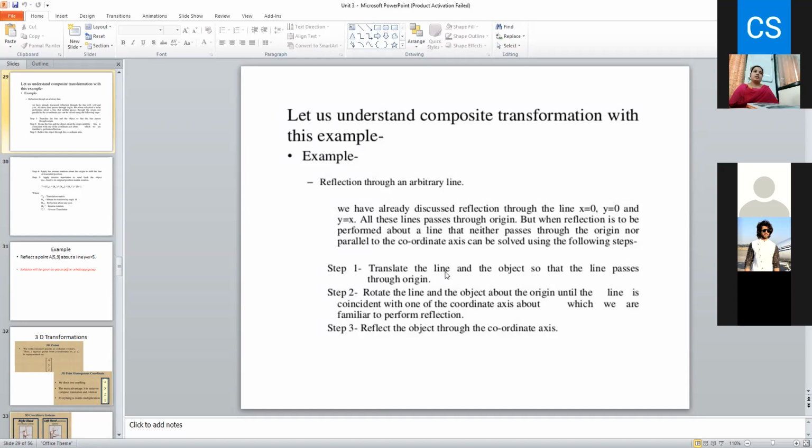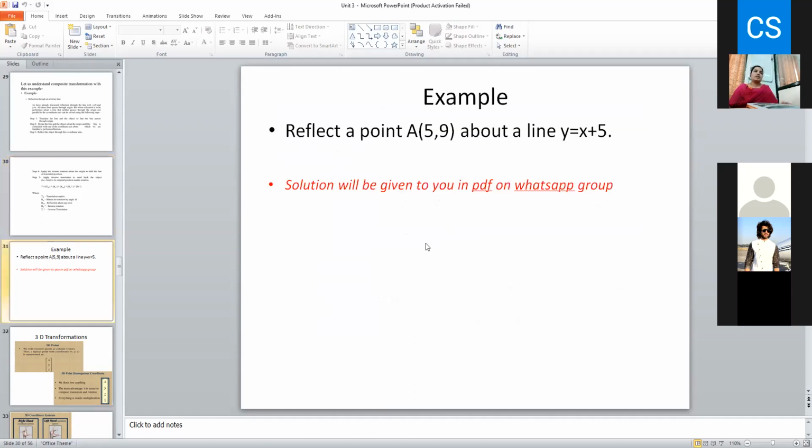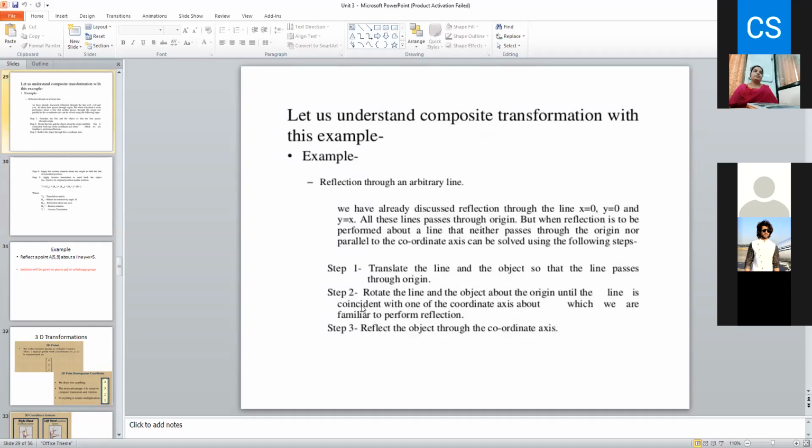So step 1 is to translate the line so that the line passes through the origin. That is called TR, the translation matrix. The second step is to rotate the line until it is coincident with a coordinate axis, either the x-axis or the y-axis.